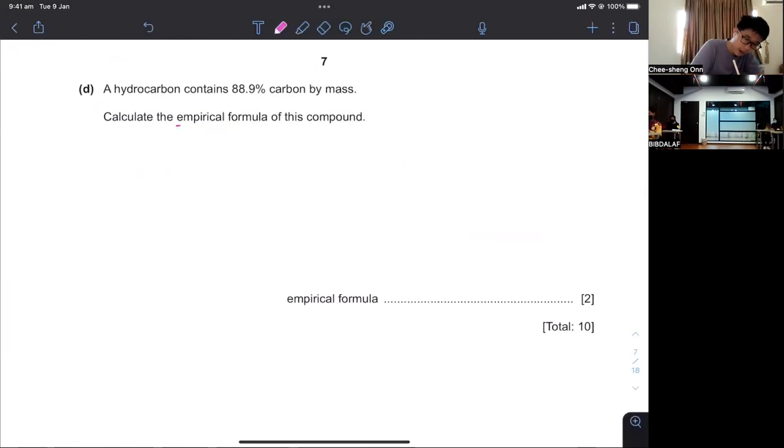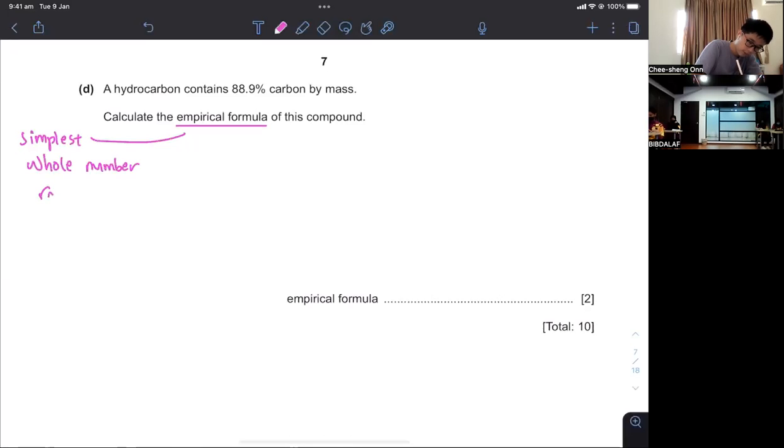Now this one is about empirical formula. Empirical formula is defined as the simplest whole number ratio of atoms. So we have a hydrocarbon. A hydrocarbon only contains hydrogen and carbon.